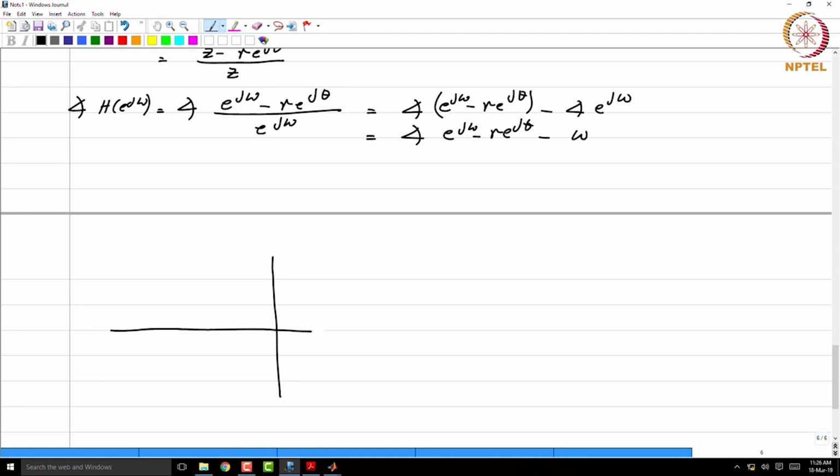So, 1 − r e^{jθ} z^{−1}, which is (z − r e^{jθ}) by z. So, you have a trivial pole, and for illustrative purposes I am going to use theta equal to 0. Therefore, I have a 0 sitting here.